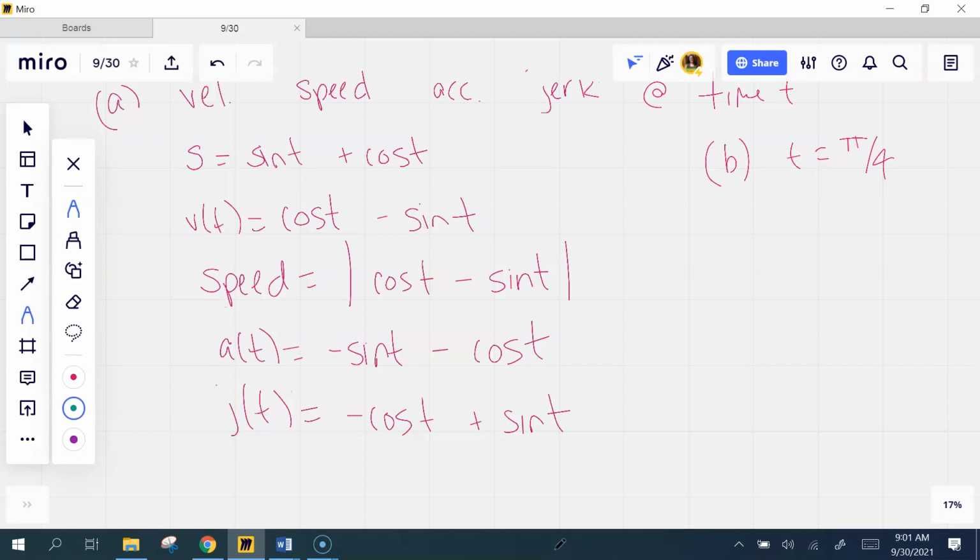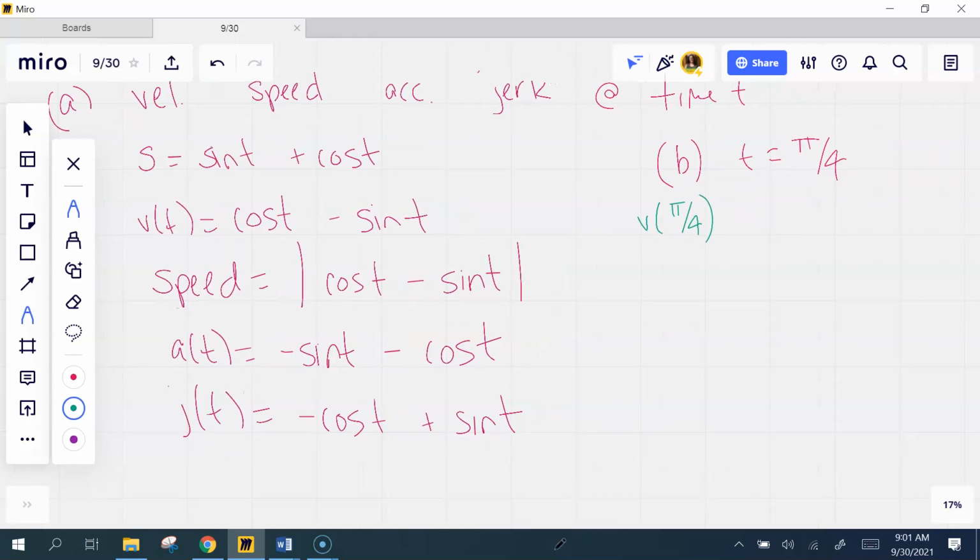Velocity. These are both the same value. Pi over 4 is the easiest one to do, so we're glad they gave us that, because it has the same value for sine and cosine.